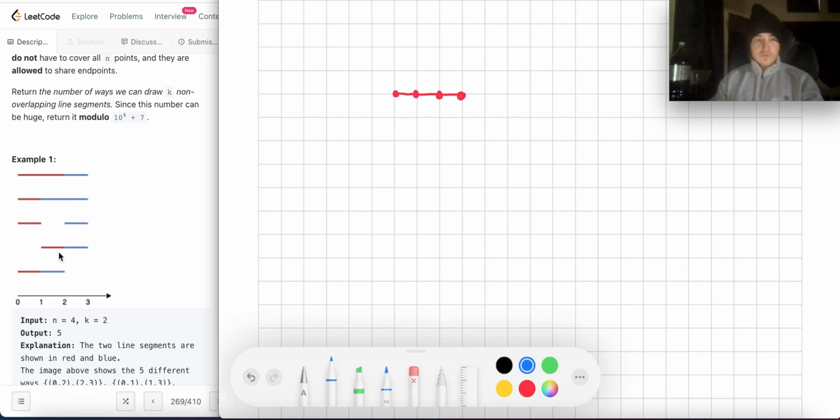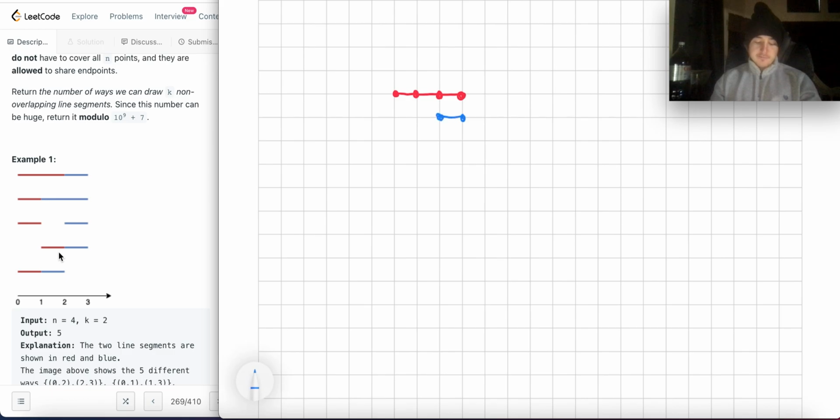Well, if the dimension is 4, I could put a line here. That's one way I could do it. I have to put k equals 2 lines, because we have k equals 2. So I could put a line here and a line here. That's one way. I could put a line of this length here and then another line of length 1 here.